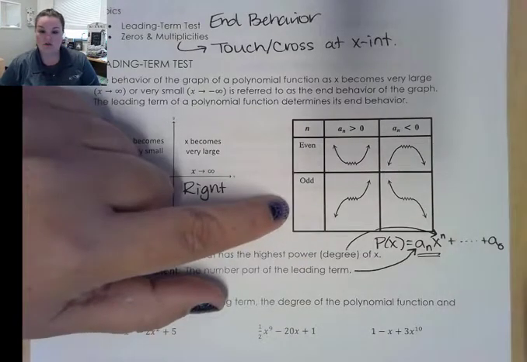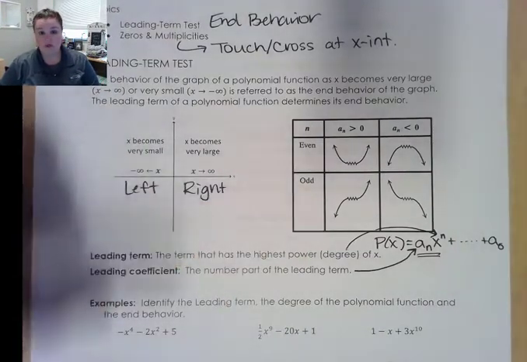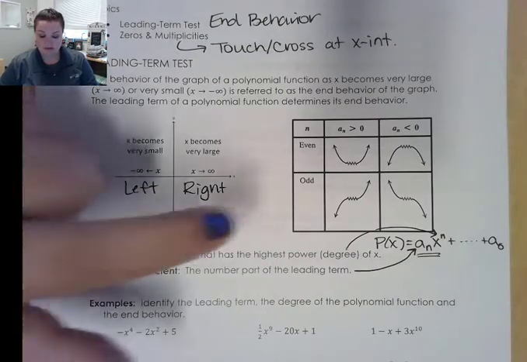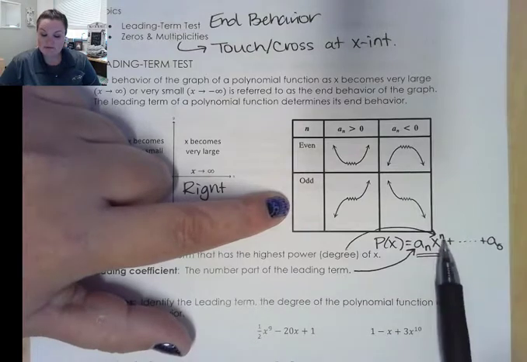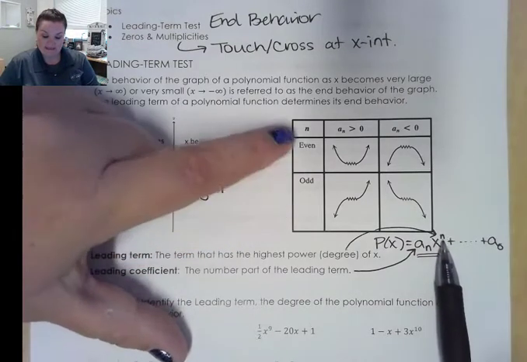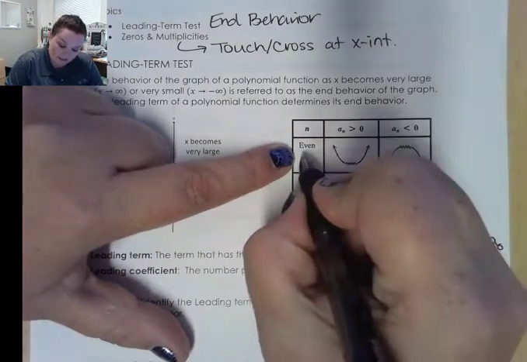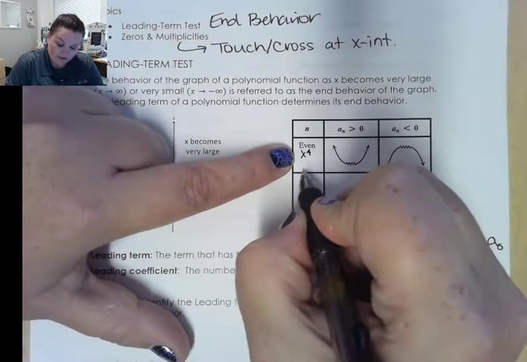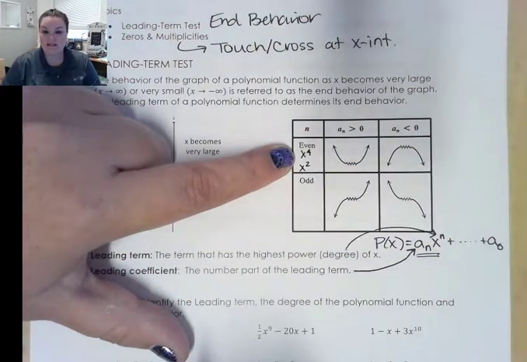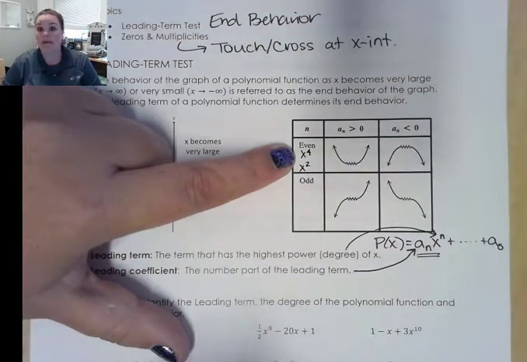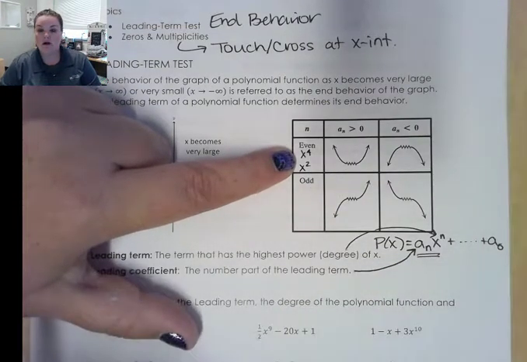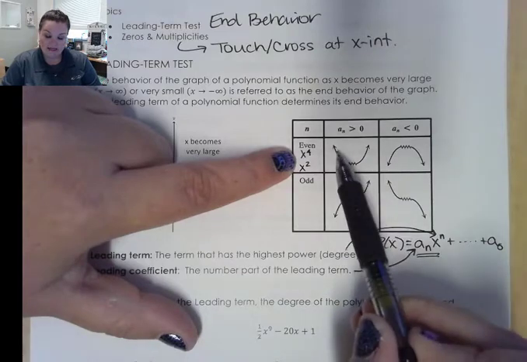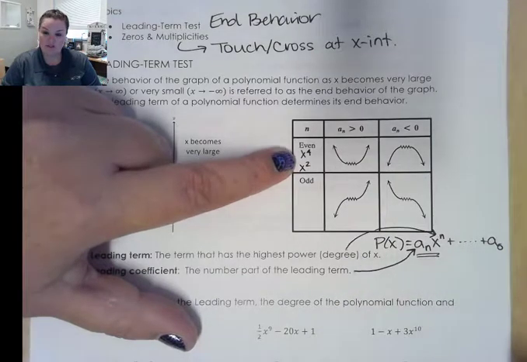So we're going to use this little chart. Now this is something you're going to have to know. The chart's not going to be given to you with exams, okay? So this little chart says that if our degree, this little n, is even, so that would be something like an x squared or x to the 4th or x to the 16th or x to the 28th, right? If we have an even degree polynomial, then the ends go the same direction, okay?